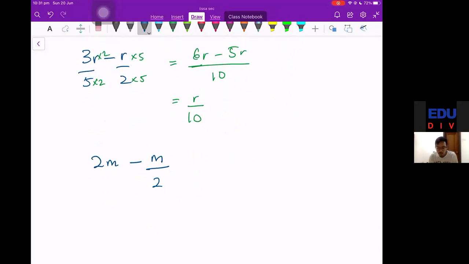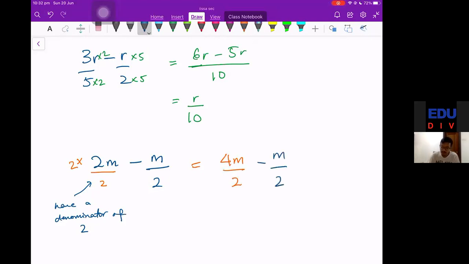We need to make this have a denominator of 2, so we need to multiply that by 2 as well. So this equation is going to be 4m over 2 minus m over 2. Then you do this, you will get 3m over 2.